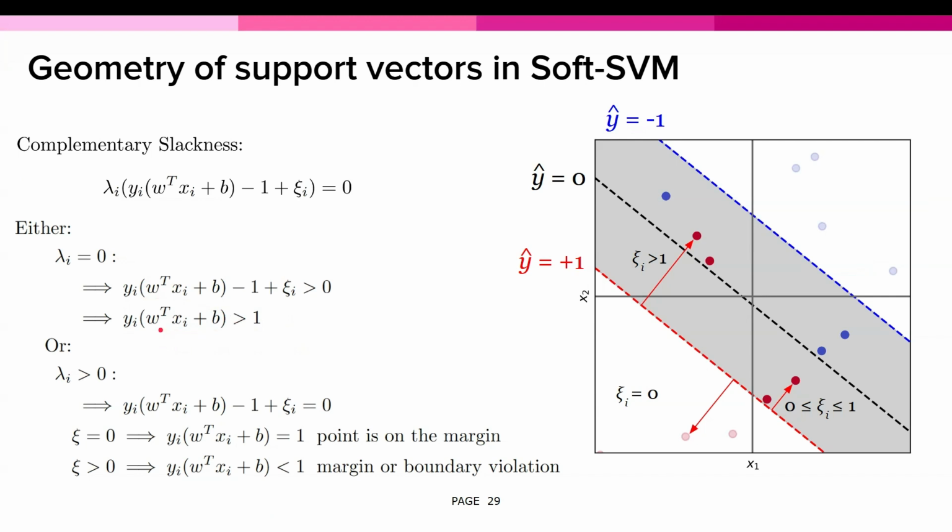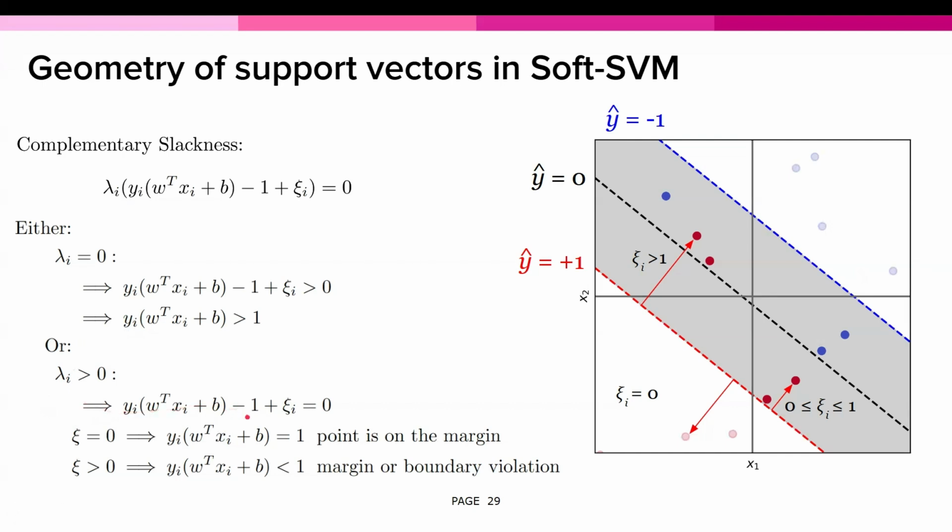And so these points are correctly classified, they lie outside the margin. These aren't going to be included in the computation of the weight vector. When lambda is non-zero, though, it indicates that the point lies on the margin or violates it.